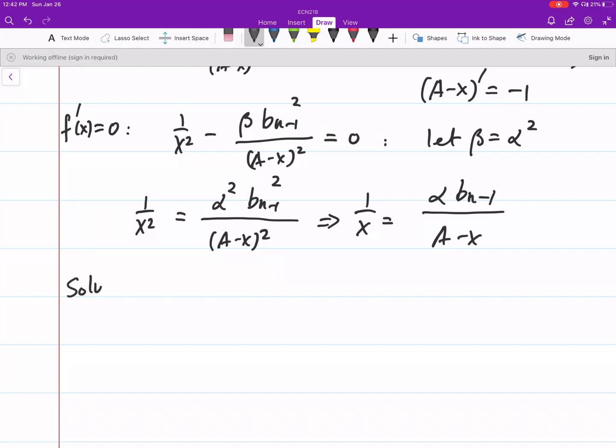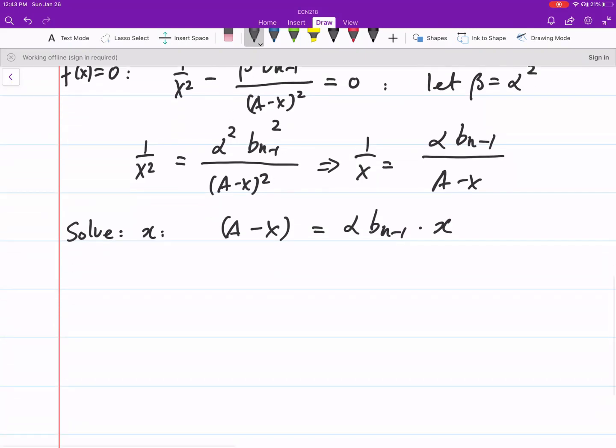Remember, we still want to solve for x. So we multiply by A minus x, and here we have alpha Bn minus 1 times x.